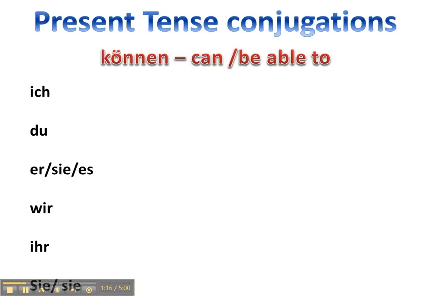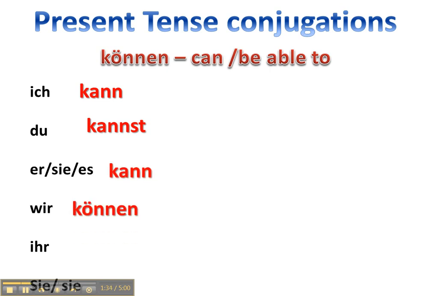Okay, so let's take a look at the present tense conjugation of 3 of these verbs. We'll start with können, can or be able to. So to say I can, you say ich kann, you can, du kannst, he can or she can or it can, er kann, sie kann, es kann. We can, wir können, you all can, ihr könnt, they can or you polite can, sie können.